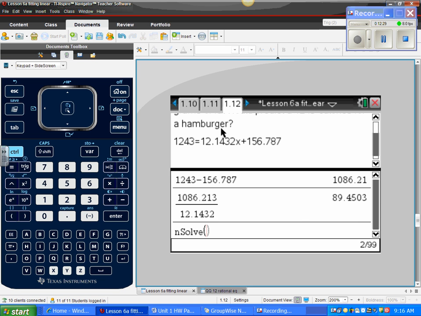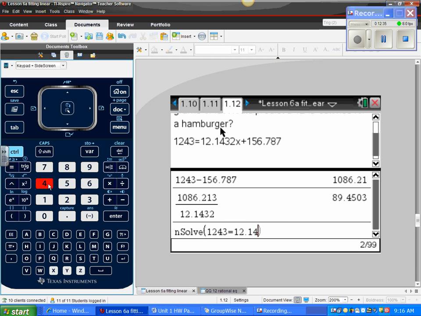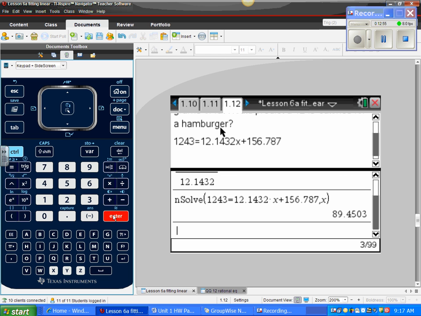You type in your equation: 1243 equals 12.1432x plus 156.787. I have to tell the calculator what to solve for, so comma x inside the parentheses. Everything's inside the parentheses. Hit enter, and you get your answer.